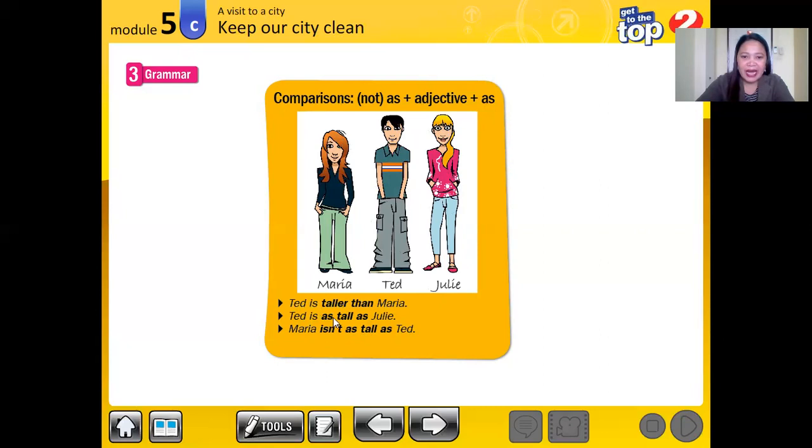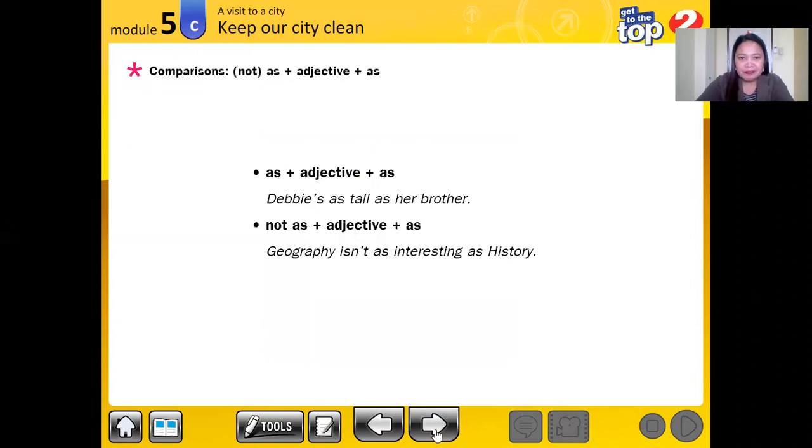As tall as means they have the same height. Next, Maria. We are going to use negative here. Maria is not as tall as Ted because she is shorter than Ted. So we can say the negative sentence, Maria isn't as tall as Ted. So that's how we are going to use comparison.